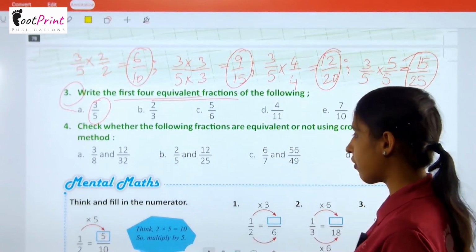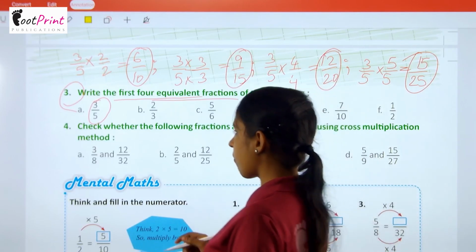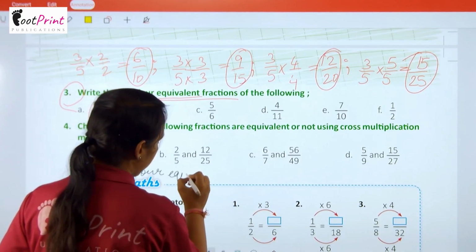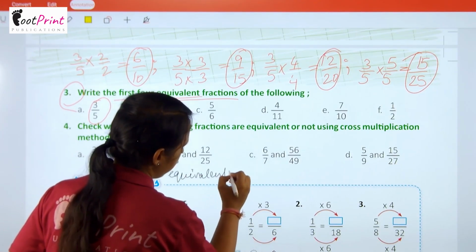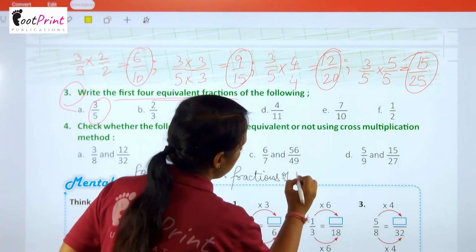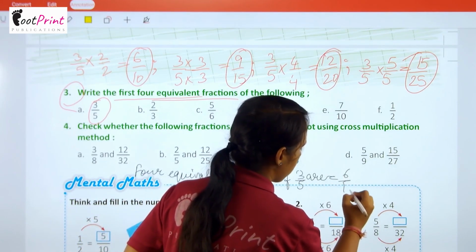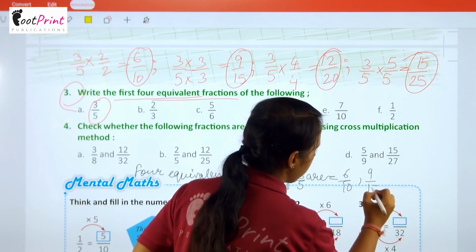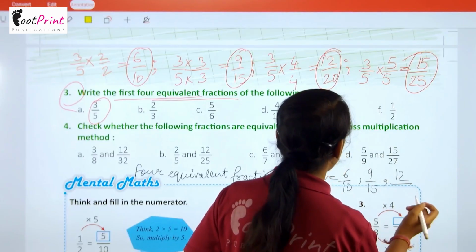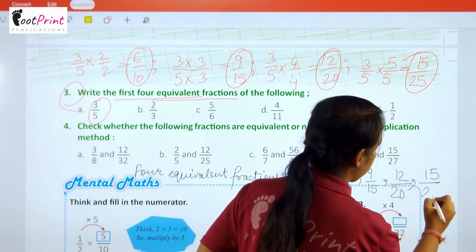So just like that we can find our equivalent fractions, or we can write here: 4 equivalent fractions of 3 by 5 are 6 by 10, 9 by 15, 12 by 20 and 15 by 25.